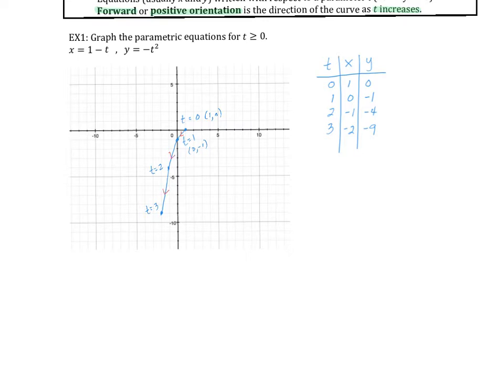So the question comes up, if I keep adding in these t values, is this graph going to continue to go downward? Because it seems like its positive orientation is downward and maybe to the left.